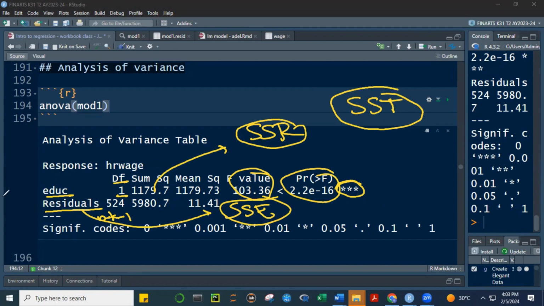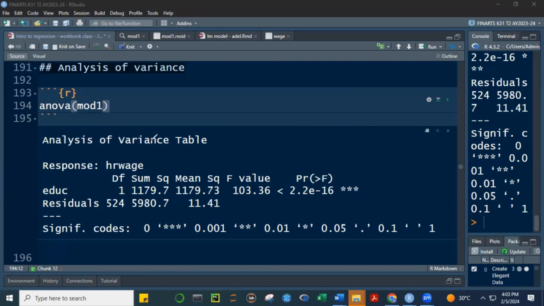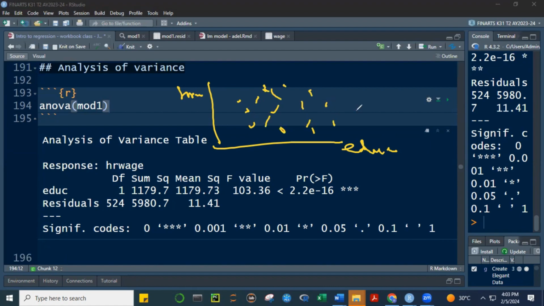So yung concept ng SSR, SSE, and SST is very easy kasi ganito lang yan, no? So we have here our prinat natin si hourly wage at saka si education. Actually, if you recall, ganito yung dating. Okay, just last 1 minute.